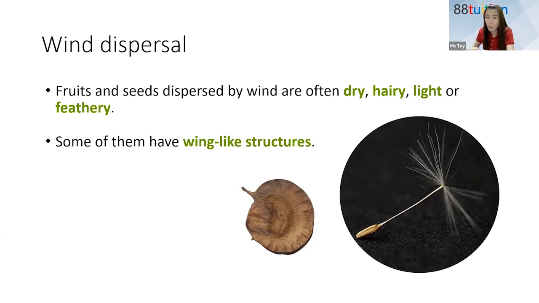If it drops on top of a building, can it grow into a plant? No. If it lands on the car park, can it grow into a plant? No. So it must land on the right place. It's really a by-chance thing. Not all the time when they get blown away do they grow into new plants.